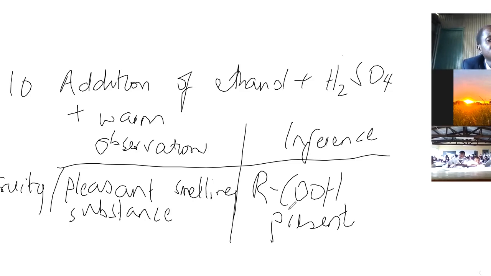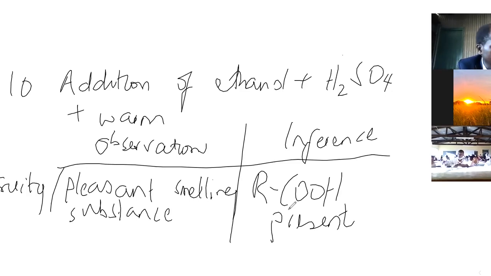The observations are the same, but the inference here would be now ROH and not RCOOH. That is, if you add ethanoic acid plus sulfuric 6 acid plus warming, fruity or pleasant smelling substance, the inference now would be ROH present.